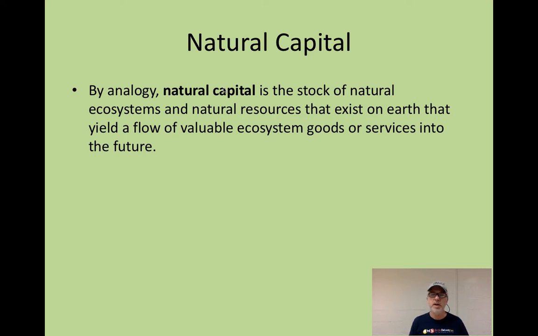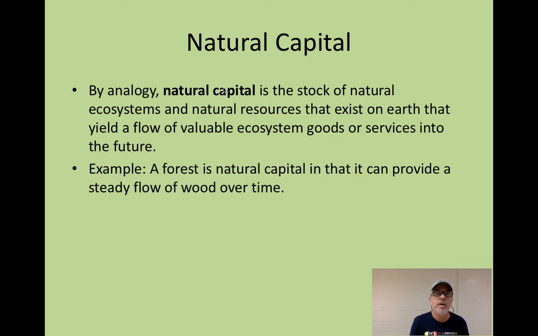Think wood, think cotton, think food, think the various plants we use, and ecosystem services. And we'll talk more about them in a sec. So a forest is natural capital in that it can provide a steady flow of wood over time. Does that make sense to you? Right? A forest can provide a steady flow of wood. That's just one way to look at a forest, but it's the way I chose to look at it right now.